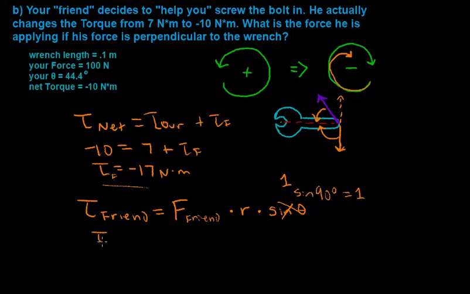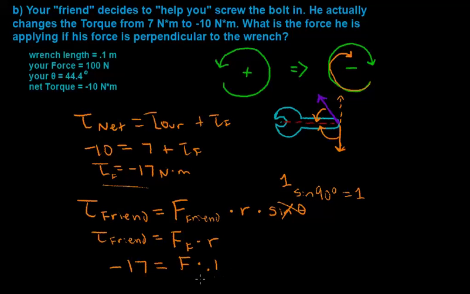So we can ignore that, and we can say that it's just going to be equal to the force of our friend times the length of our wrench. So we can solve for the force of our friend because we know that our friend's torque is equal to negative 17, which is then equal to our force times 0.1.